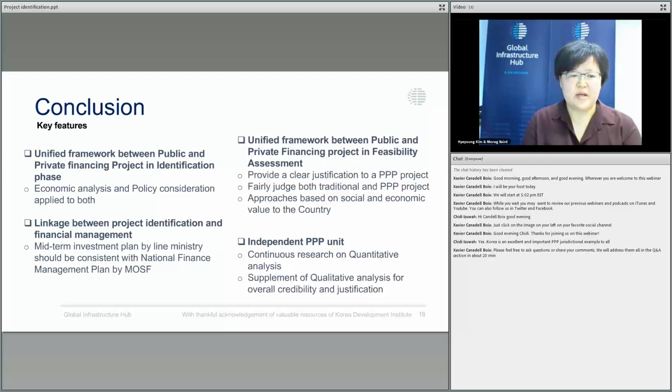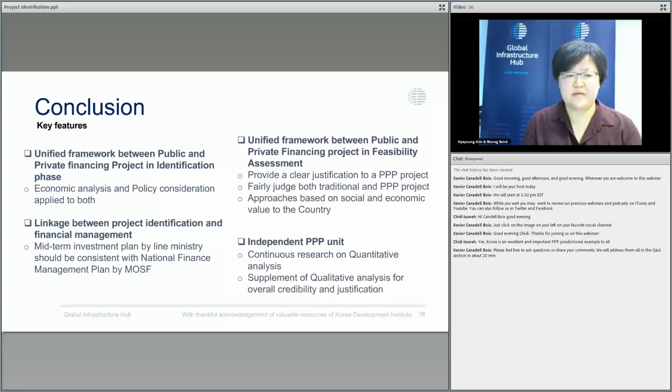And also the unique character is the Ministry of Finance's role in the project identification, and the linkage between the line ministries' investment plan and the Ministry of Finance's budget management plan. And the third one is the feasibility assessment by the PIMAC.